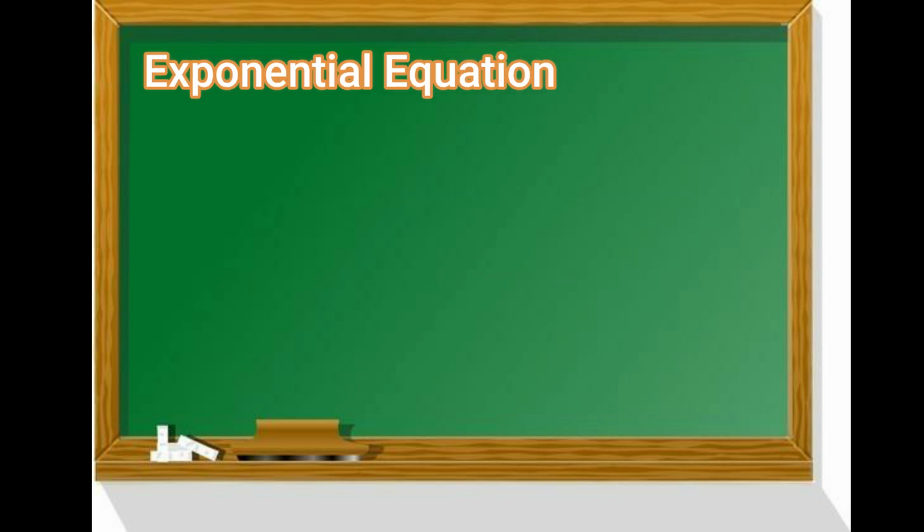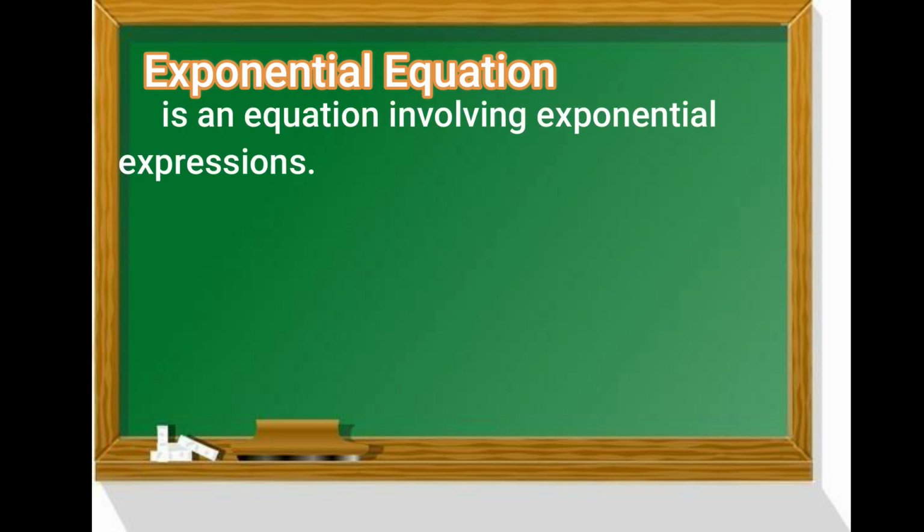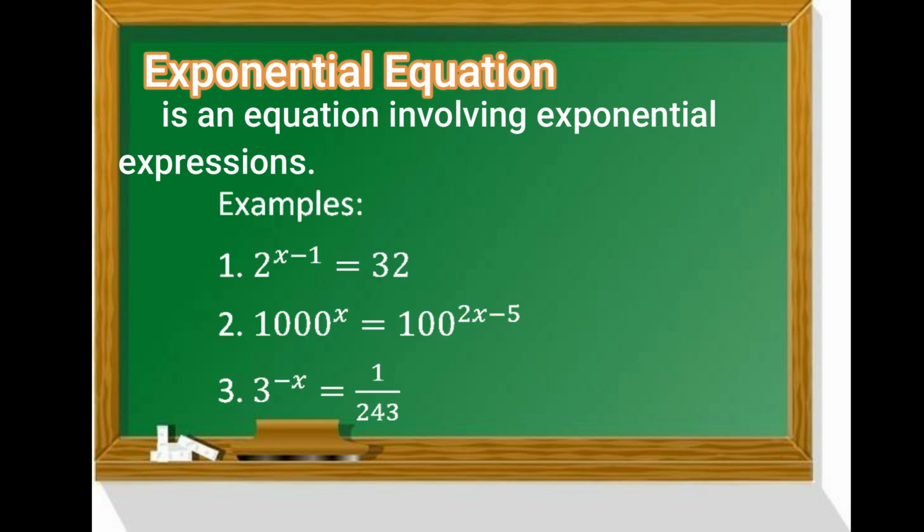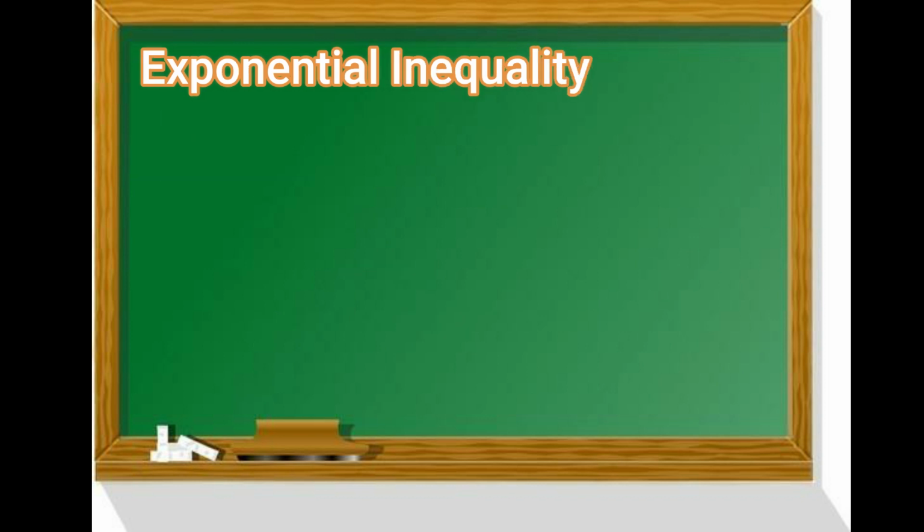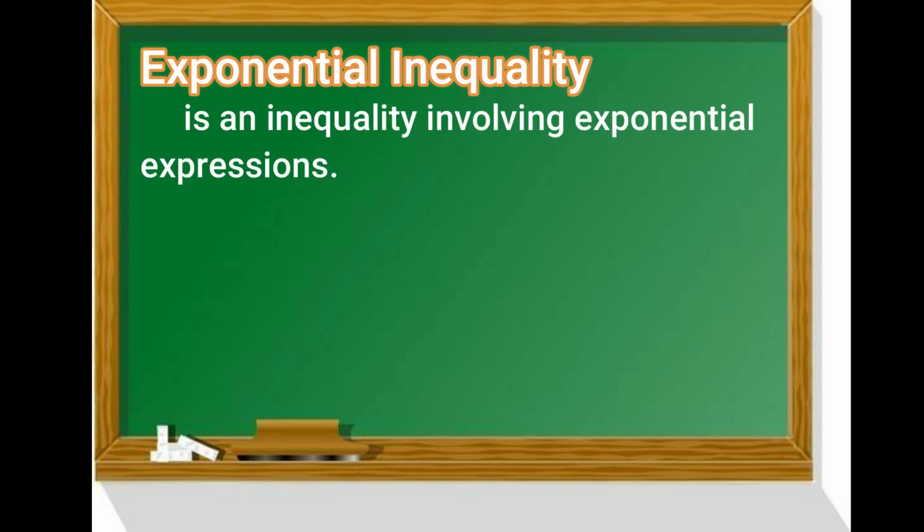Moreover, we also have an exponential equation, which is an equation involving exponential expressions. Here are examples of exponential equations. While an exponential inequality is an inequality involving exponential expressions. Inequality symbols used are greater than, less than, greater than or equal to, and less than or equal to.